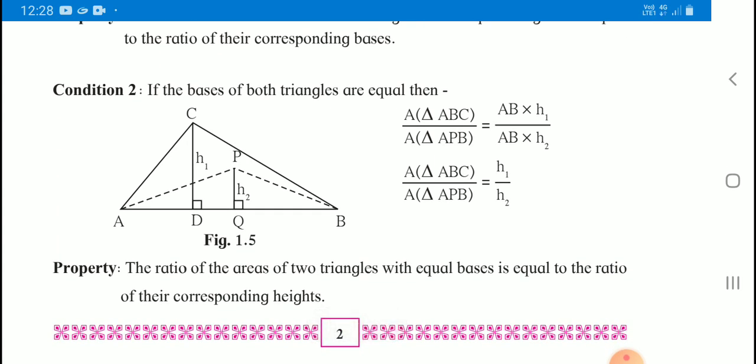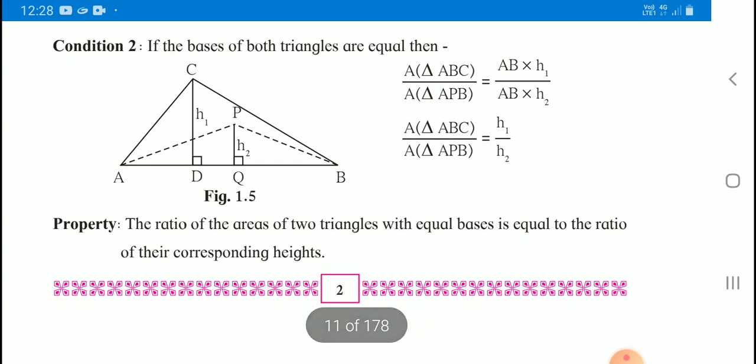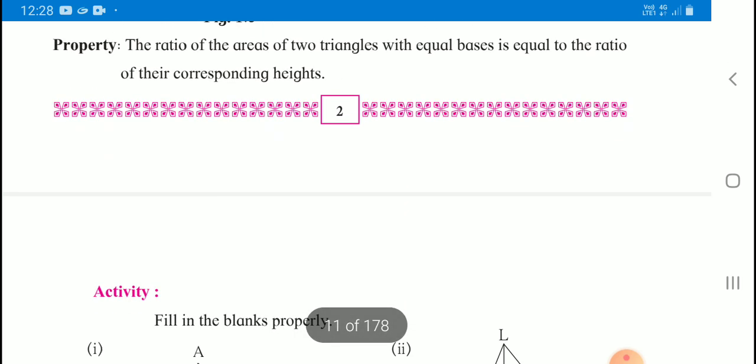Here base of both the triangles are equal. So area of triangle ABC upon area of triangle APB is equal to H1 upon H2. So we get the property that the ratio of the areas of two triangles with equal bases is equal to the ratio of their corresponding heights.